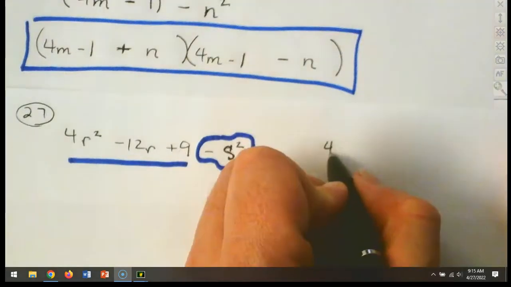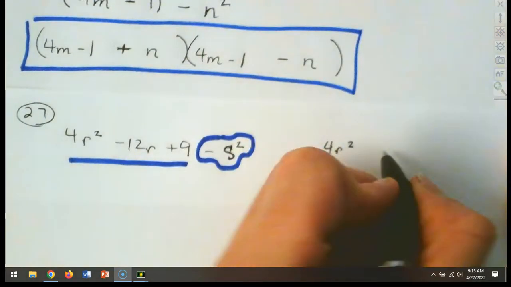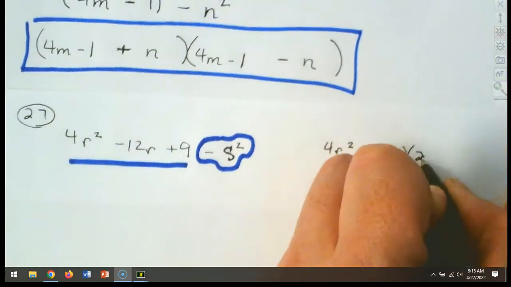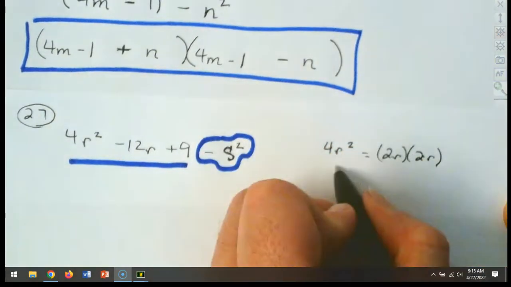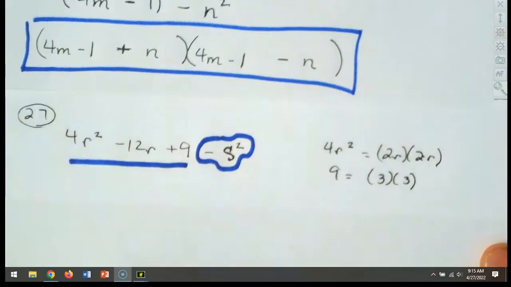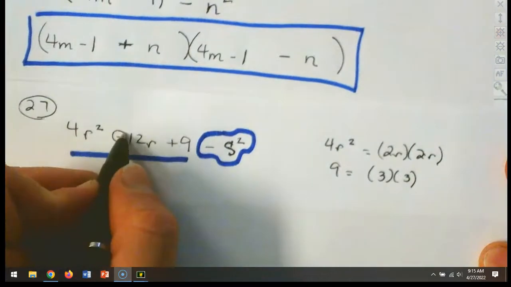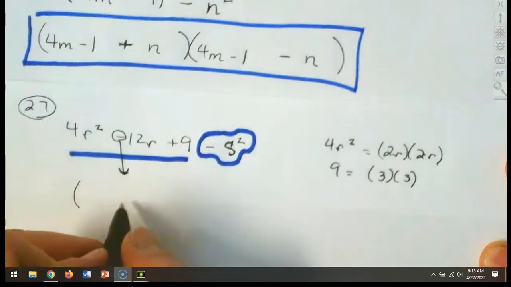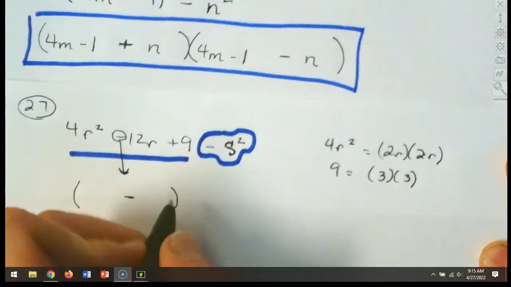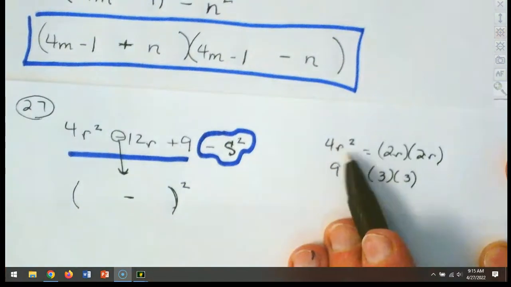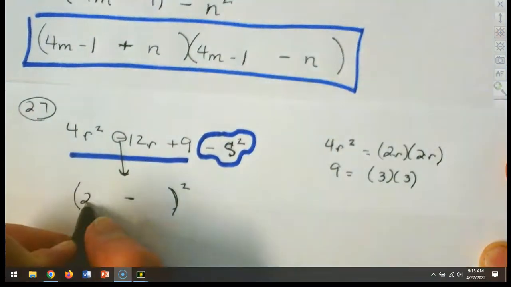So, 4r squared is 2r and 2r, right? Perfect square. 9 is a perfect square of 3 and 3. So this, negative's in the middle, it's going to come down, and that's going to be negative here, quantity squared. 4r squared, we know we have a 2r, right?